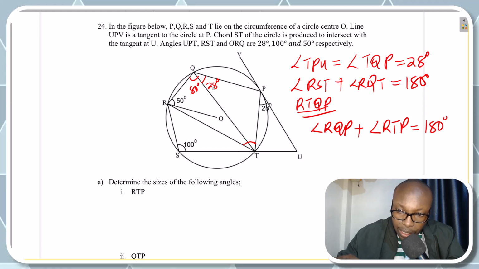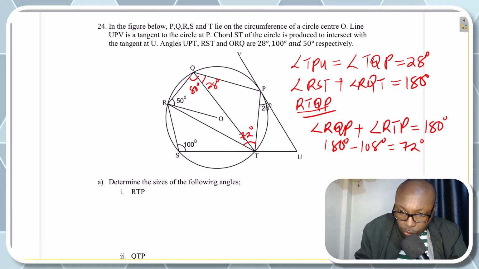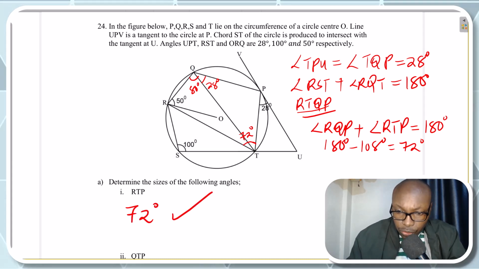That will be 108. So we're going to get 180 degrees, subtract 108 degrees, and this one should give 72. So the whole of this angle is therefore 72 degrees. So we have already obtained that. So that angle is 72. In case you're required to give the reason, you could give that reason: the sum of two opposite angles in a cyclic quadrilateral is 180.